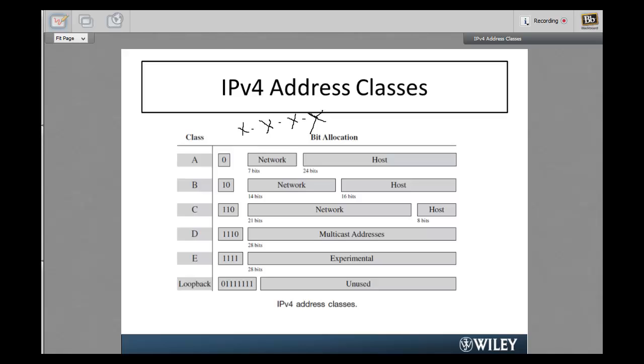With a subnet, or there is another naming also, we can get the network address and the host address.